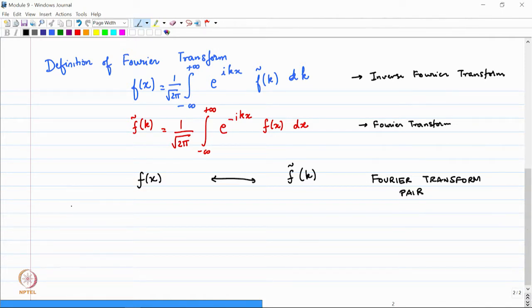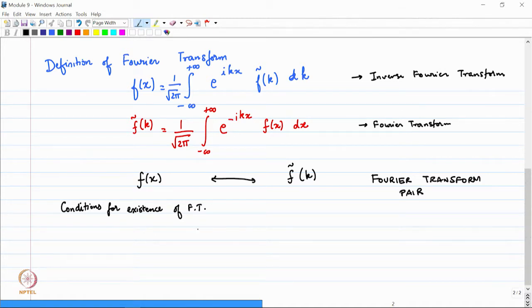So, the conditions for existence of the Fourier transform, so that this integral exists. Now, if you take the absolute value of this integrand, the absolute value of e to the I k x is just 1.